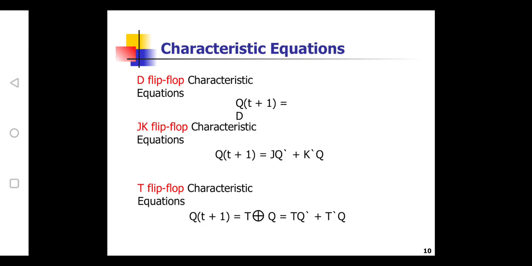Coming to the next type of flip-flop, the JK flip-flop, the characteristic equation is J Q bar plus K bar Q. And the characteristic equation for the T flip-flop is T XOR Q or T bar Q plus T Q bar. Similarly, the last type of flip-flop is the SR flip-flop, in which Q of t plus 1 equals S plus R bar Qn.